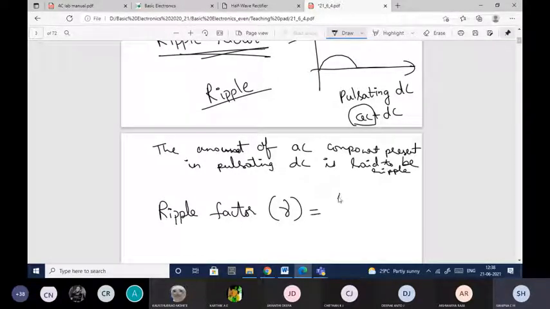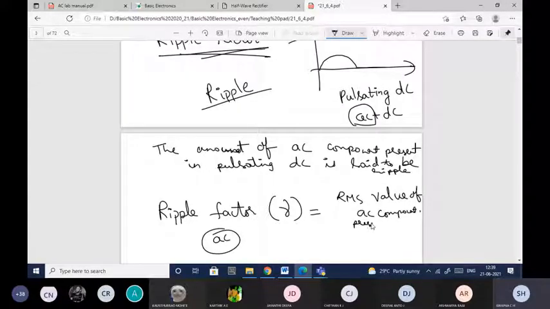Gamma is nothing but the RMS value of the AC component present in the pulsating DC, divided by the DC component in the pulsating DC. Whenever it comes to the AC component, I take the RMS value only, because an AC value's effective value will not be known until you calculate the RMS value.